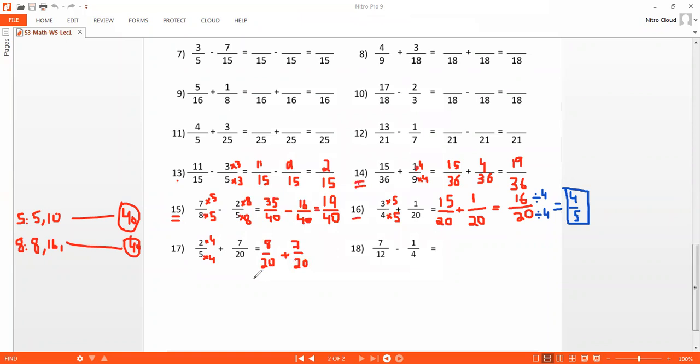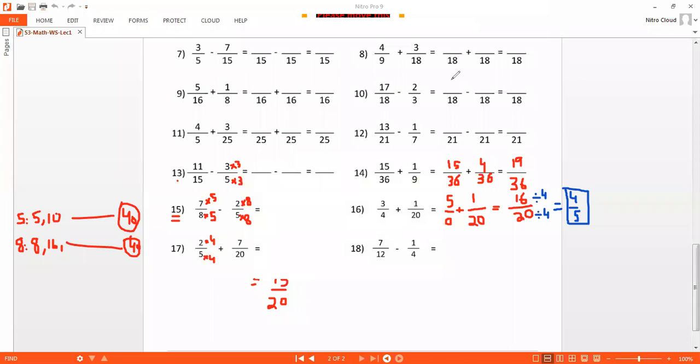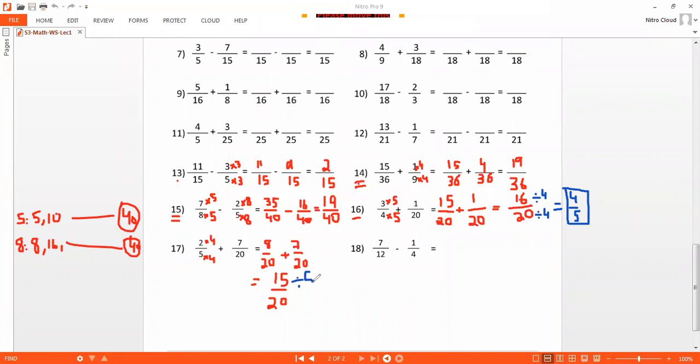It's 15 over 20. And here you have to pay attention that we can divide. We can divide by what? By 5. Very good. So I'm going to divide both terms by 5. So what do we get? 3 over 4. Very good.